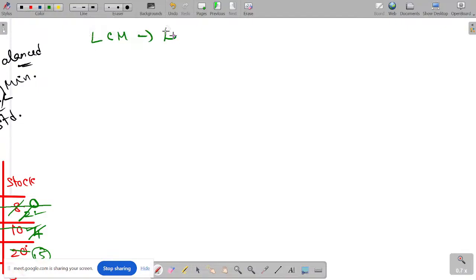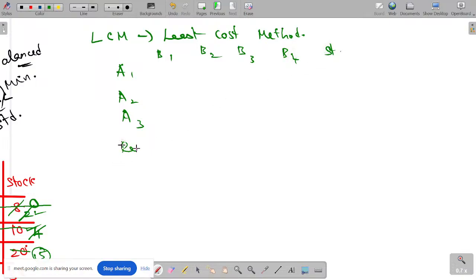LCM stands for least cost method. In short, we can use it as LCM directly. Let me have the data copied directly from the question. It's A1, A2, A3 and B1, B2, B3 and B4, the stock and the requirement.